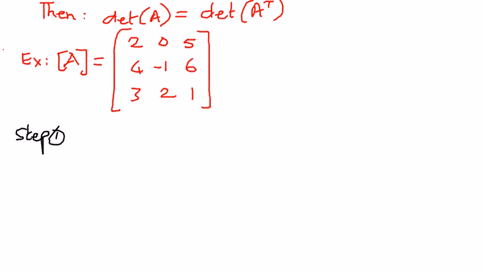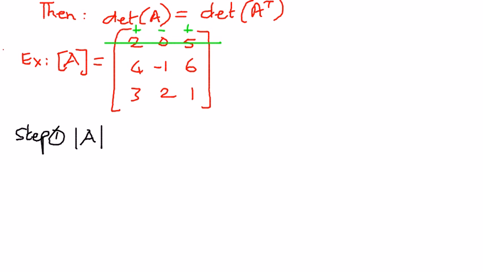For convenience sake, we will travel along the first row. According to the sign convention, the first element will take on a positive sign, the second element will take on a negative sign, the third element will take on a positive sign. When we do that, we're going to write the minors of each one of those elements.